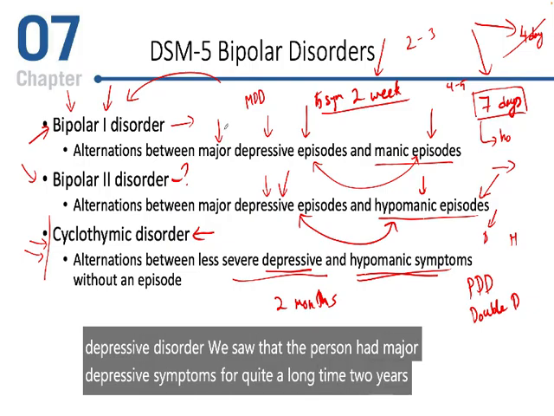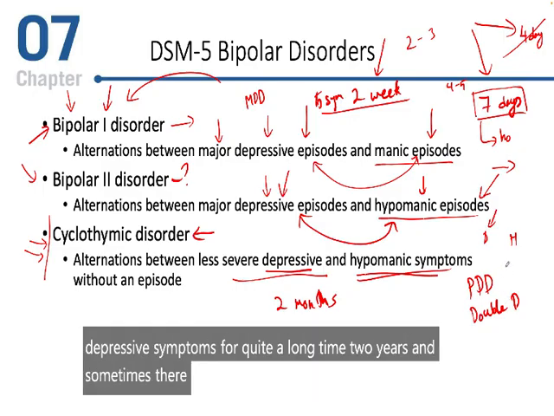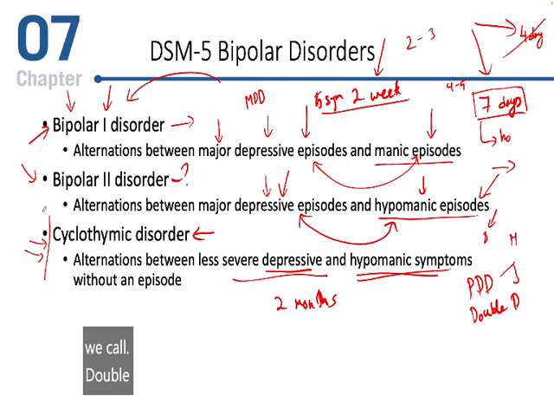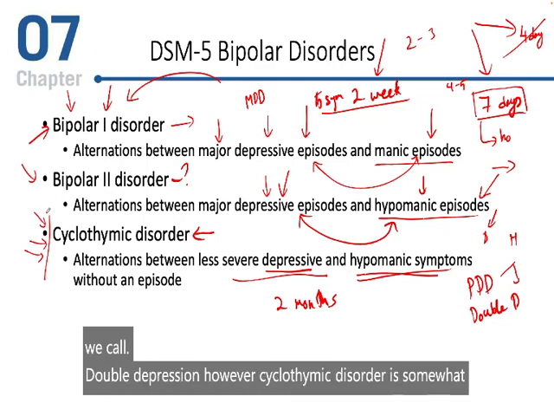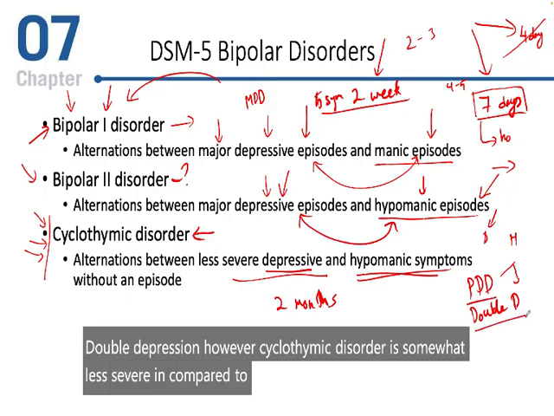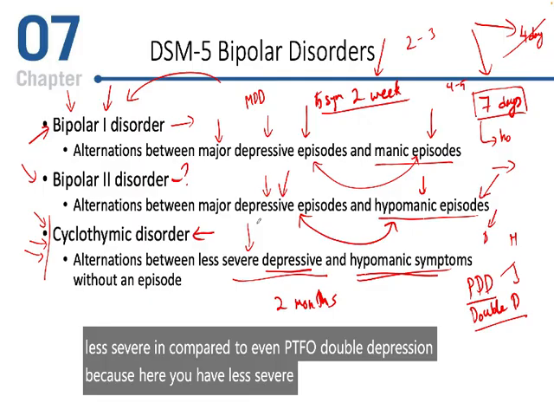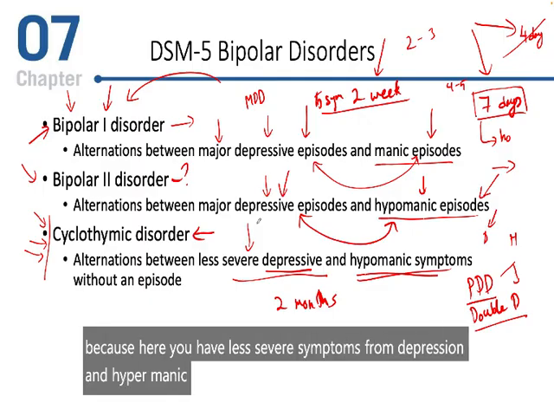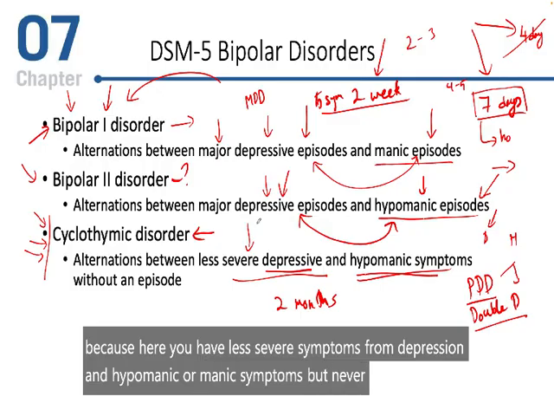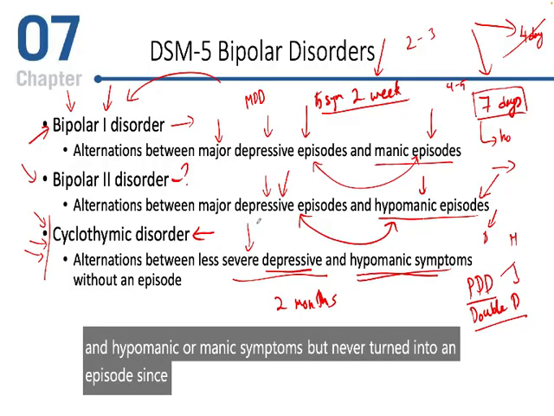And sometimes there could be the presence of both, right? That's what we call double depression. However, cyclothymic disorder is somewhat less severe compared to even PDD or double depression, because here you have less severe symptoms from depression and hypomanic symptoms, but never turned into an episode. Symptoms last for a very long time.